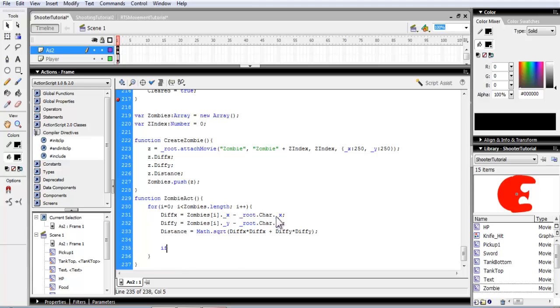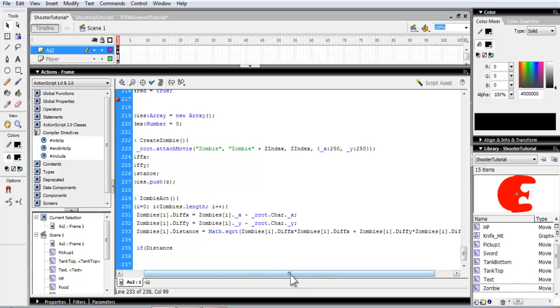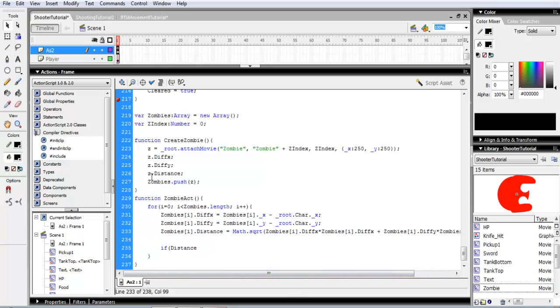But if distance, I'm going to need to put zombies dot diff, because it's the zombies[i] variables, kind of.